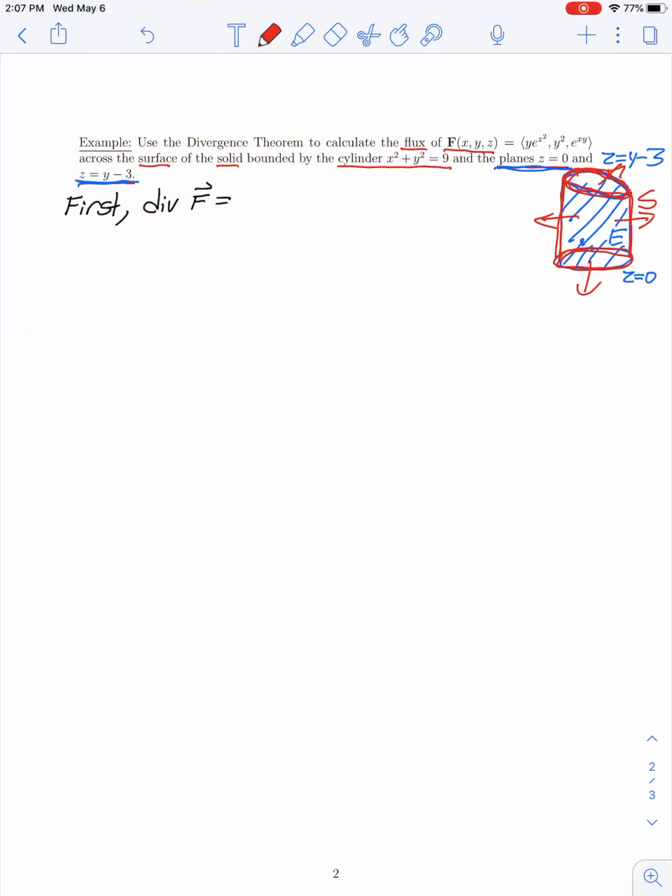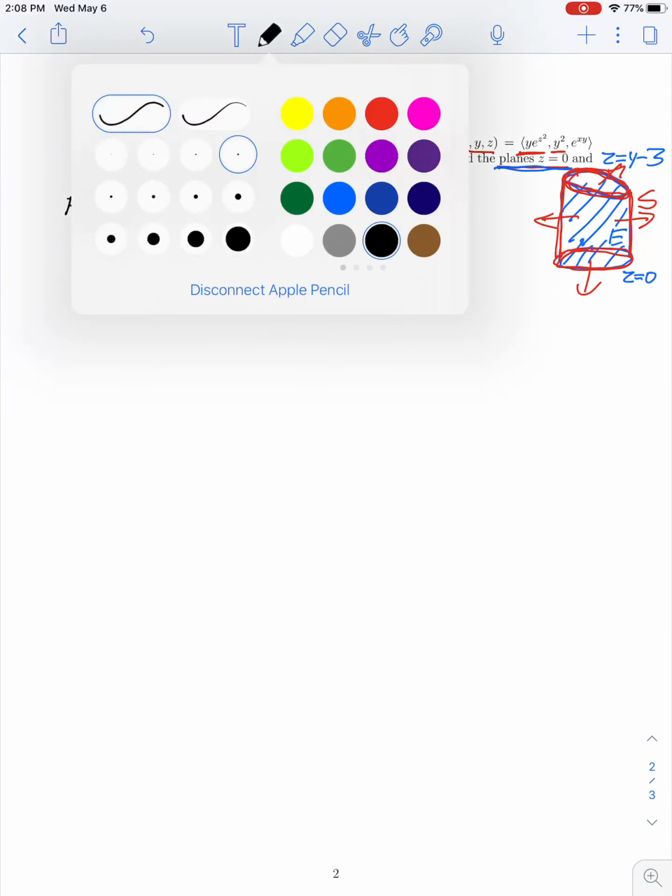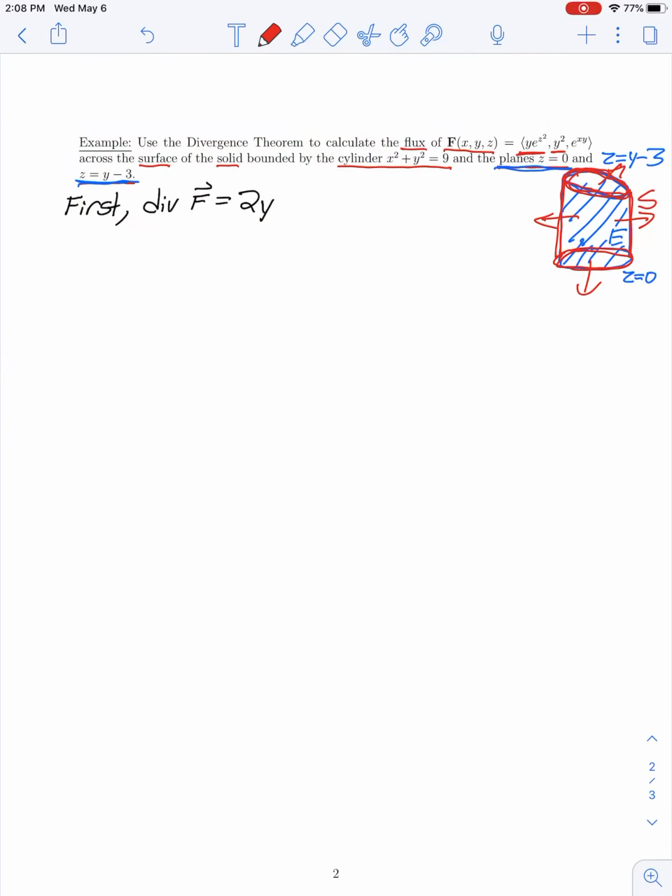Taking the partial derivative of our first component function with respect to x, we have 0, plus the partial derivative of y squared with respect to y gives us 2y. And then we add the partial derivative of our last component, e to the xy, with respect to z, which would be 0. So the divergence of this field is just 2y.